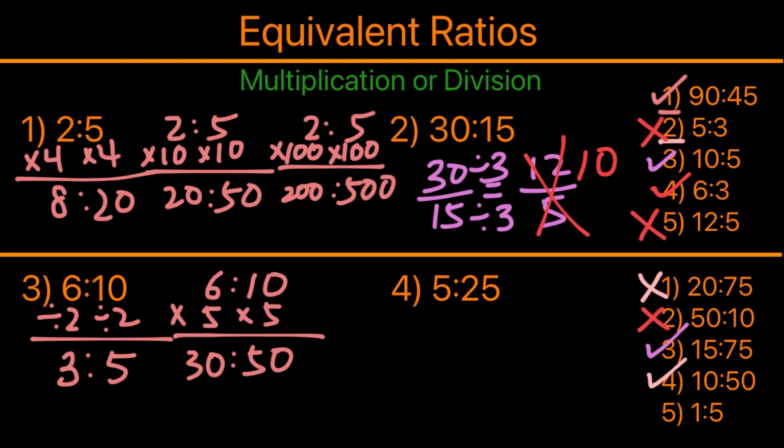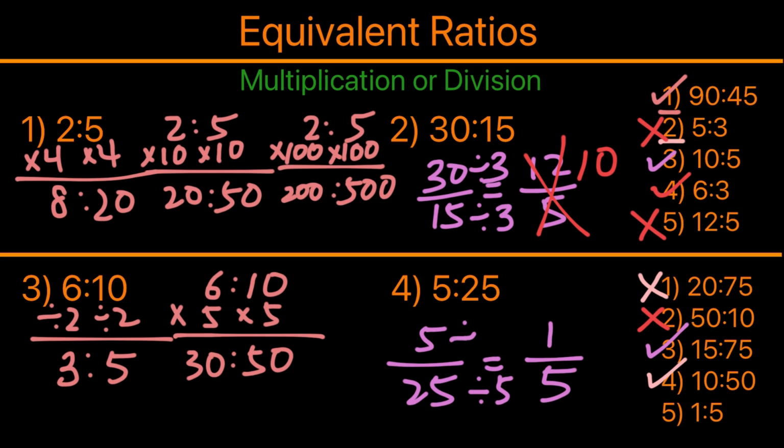And for the last option, 5 over 25 to 1 over 5. In this case, we need to divide. So 25 divided by 5 will equal 5. So 5 divided by 5, does it equal 1? And since the answer is yes, this is also an equivalent ratio to 5 to 25.